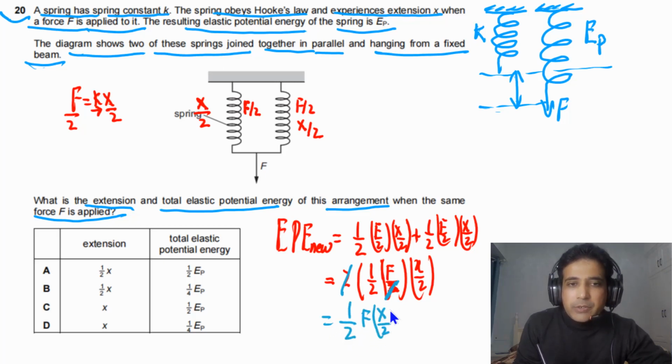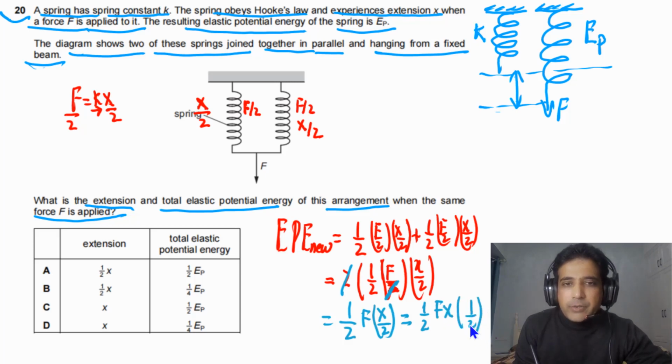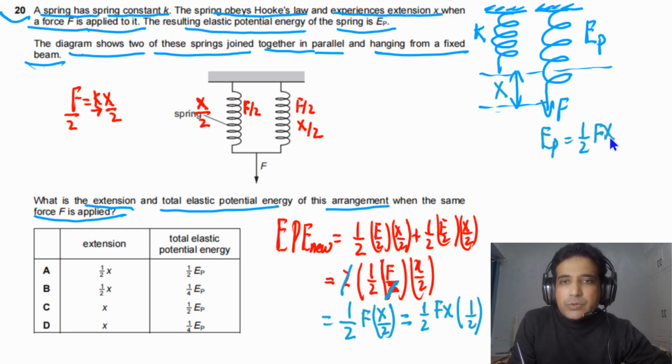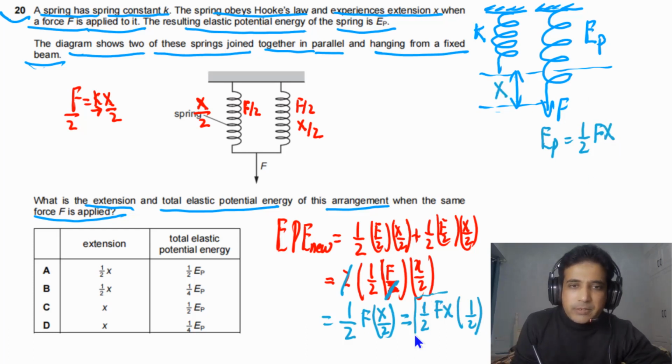If we rearrange this a little bit, we can write 1/2 F times X, and here we have 1 by 2. If we look at the energy stored in a single spring, we can simply say EP. This will be equal to 1/2 F times extension, that is X. So this is representing EP. So we have EP times 1 by 2.